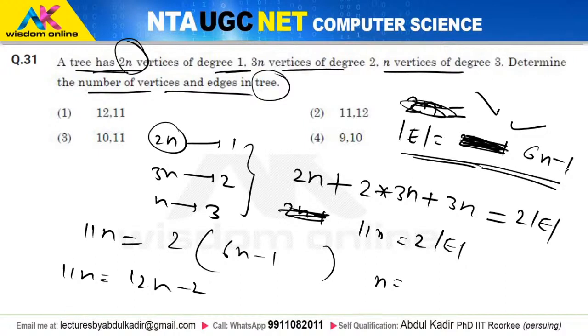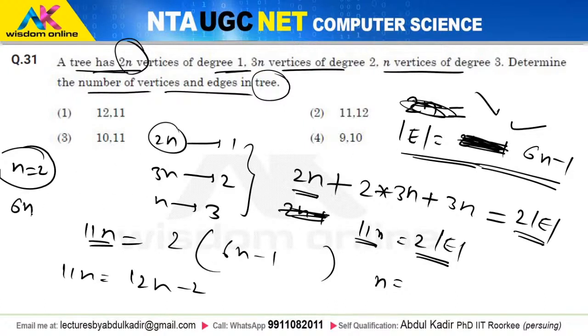Number of vertices is 6n, so 6n minus 1, and your degree sum will be 2n plus 2 multiplied by 3n plus 3n, which is 11n, equal to twice the number of edges, 6n minus 1, so this will be 12n minus 2. So from here you will get n equal to 2. Yes, it is correct.